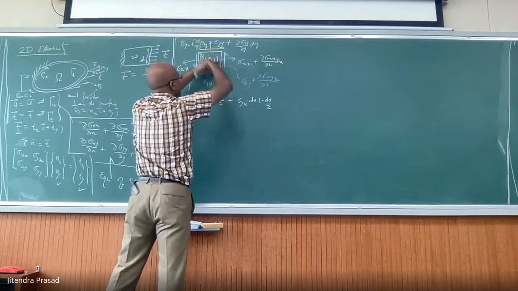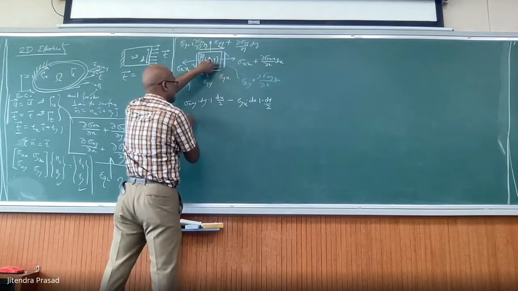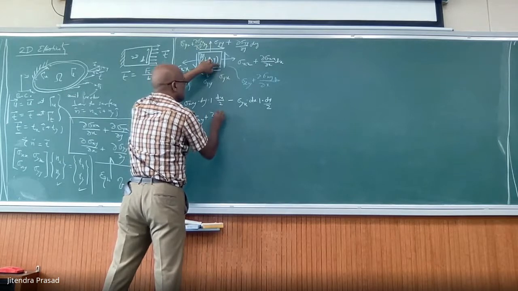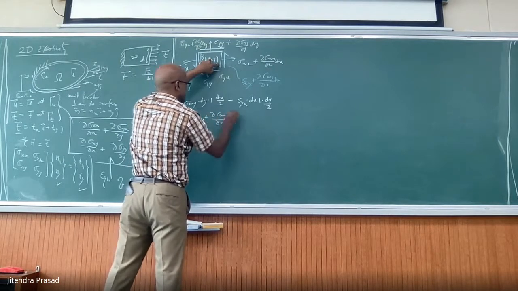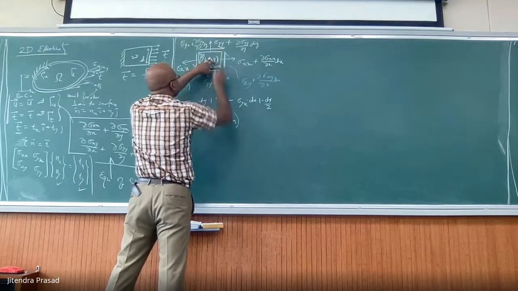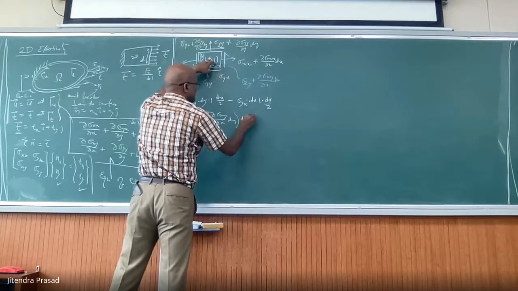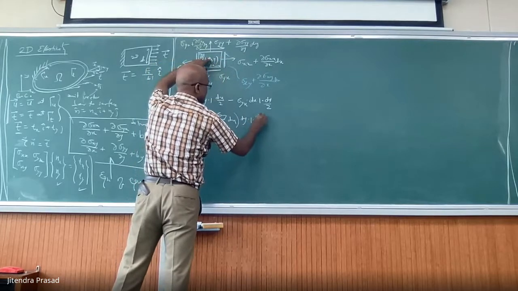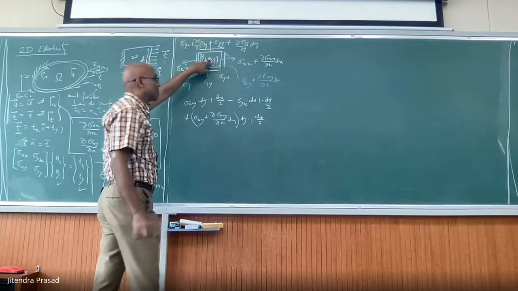Okay, then look at this one. This is also anticlockwise, so write plus sigma xy plus del sigma xy over del x dx, multiplied by again dy into 1, and this lever arm is dx over 2.